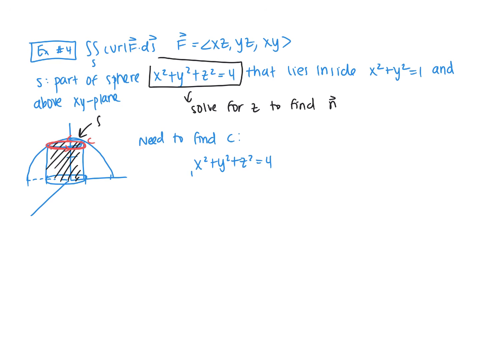We also know that from our other equation, though, x squared plus y squared equals 1. Substituting that in, it gives us z squared equals 3. So we're looking at the circle, x squared plus y squared equals 1, positioned at z equals root 3.